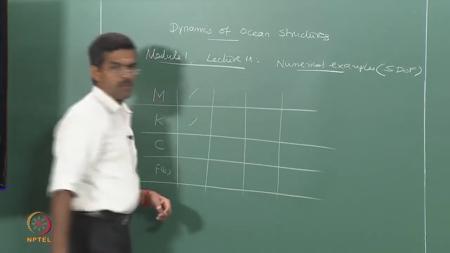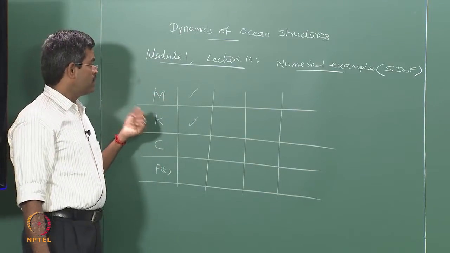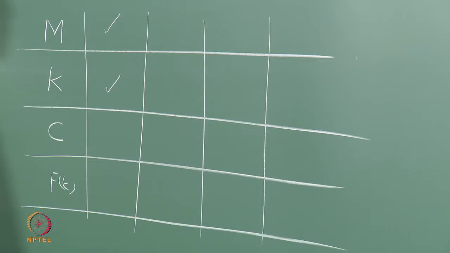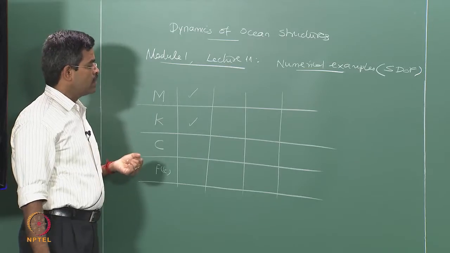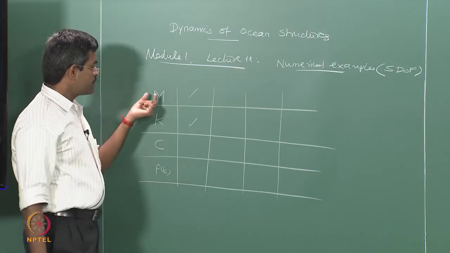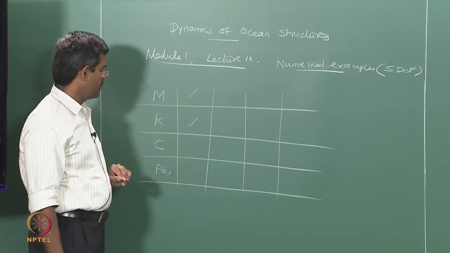One, mass is always present in an offshore platform because essentially, in the initial conceptual design, it was actually gravity based platforms. Subsequently, the top side details are so massive that mass will always be there in all types of structural systems.